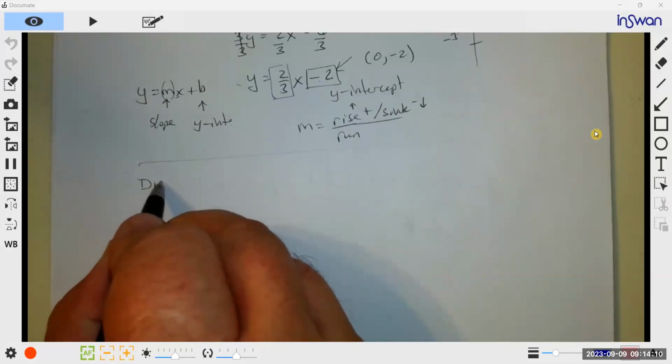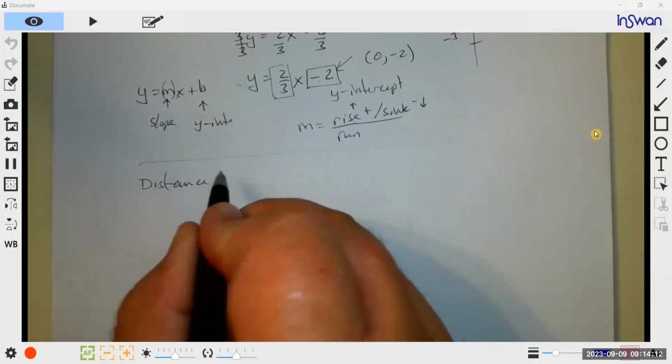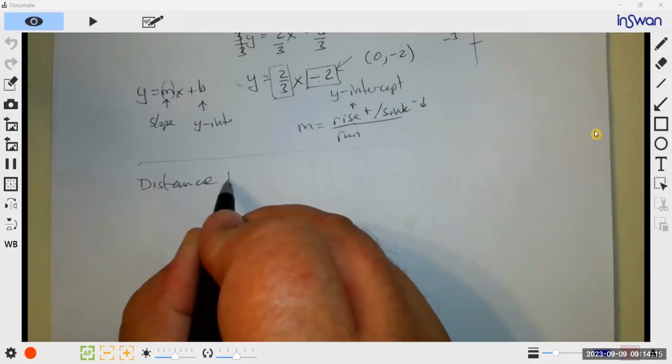And we found the distance between the 2 points.